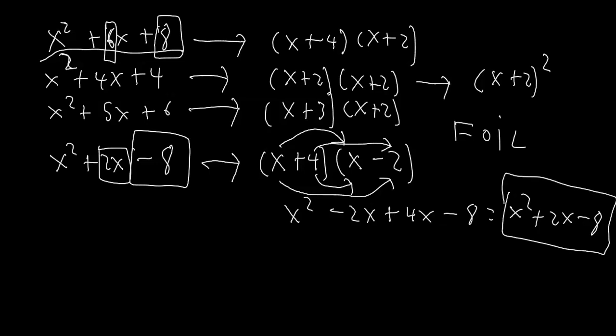Now, let's say for example, you have a term like this. As you can see here, it has no x term. There's no coefficient next to an x raised to the first power. So how do you solve this?